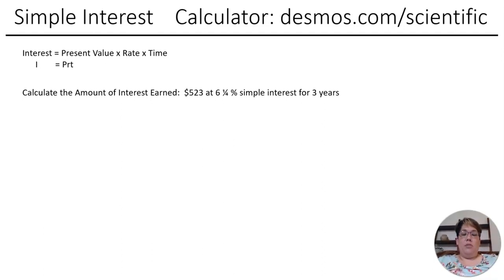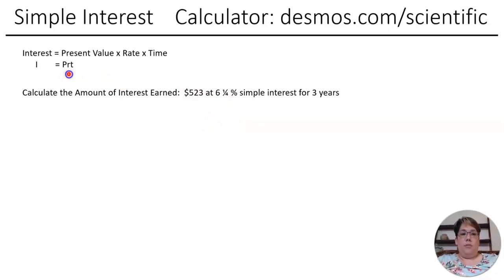Calculate the amount of interest earned on $523 at 6 1/4% simple interest for 3 years. Now what we're going to do is take all of this information and plug it into this particular formula.